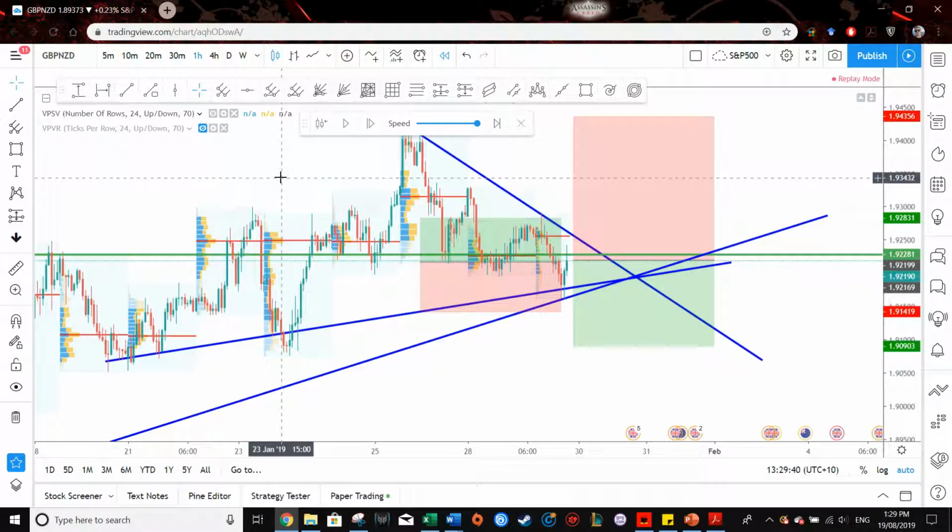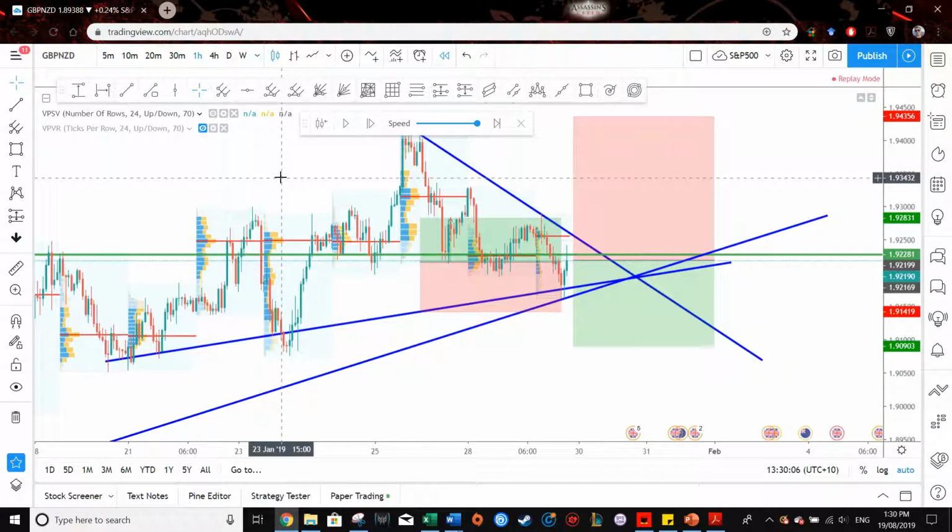So this is going to be mine. My initial idea for why this is going to be a buy: based on the VPSV strategy, once it breaks above the previous point of control, it's going to be an obvious buy opportunity.